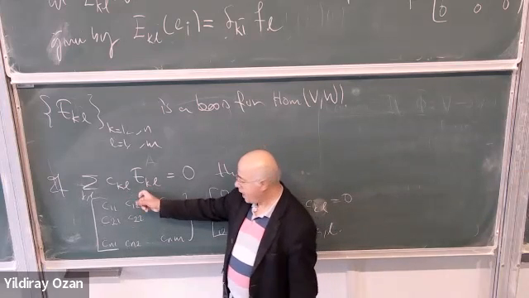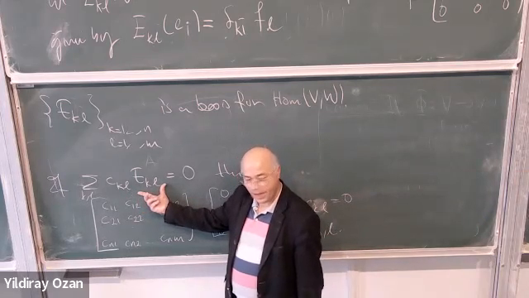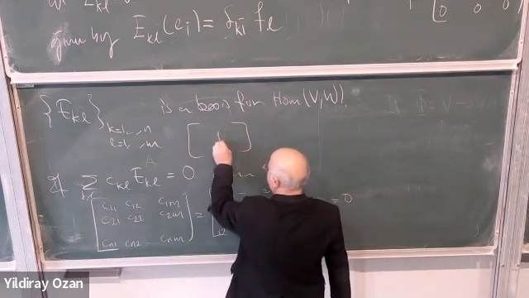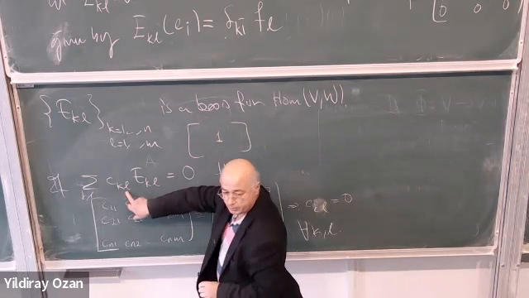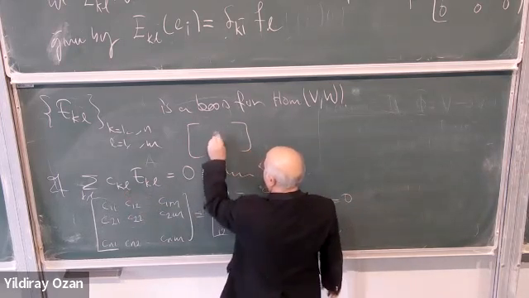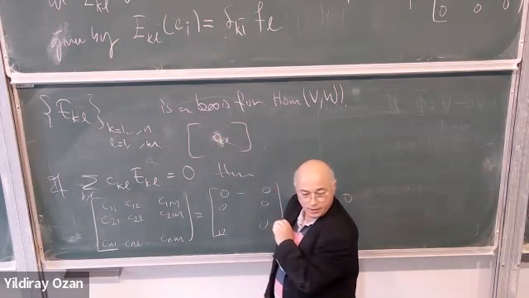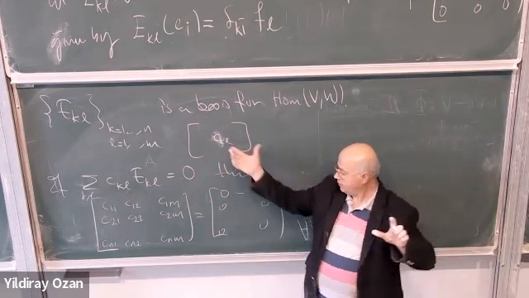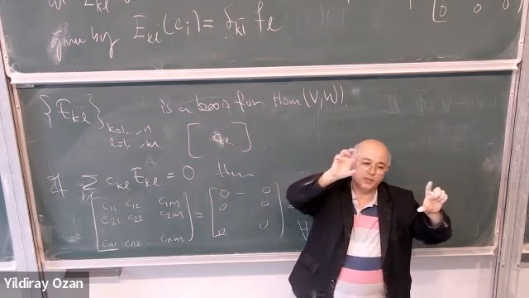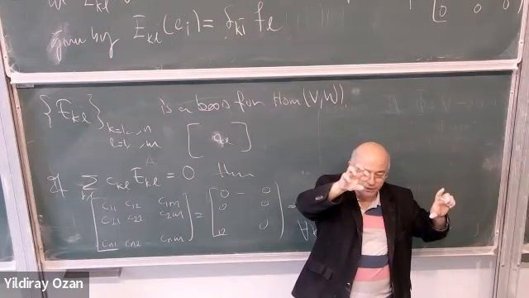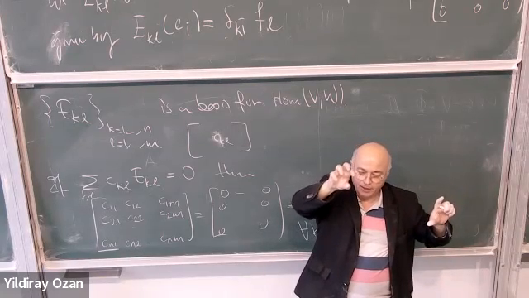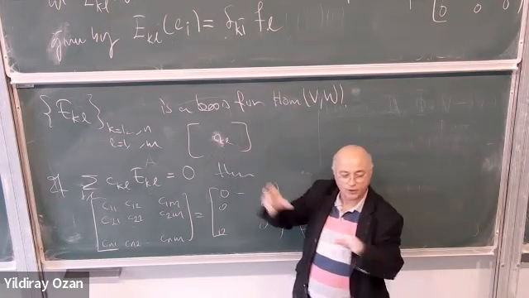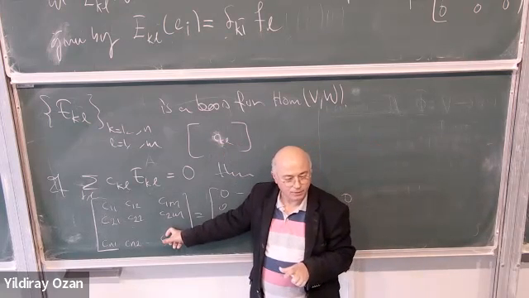Each one is a linear map, and the matrix representation of this one is 0 everywhere except you have 1 here. When you multiply with this coefficient, you have c_KL here. You add them up. These are just matrices, and each one has only one non-zero entry, at the KL place. So when you add them up, you get this matrix.